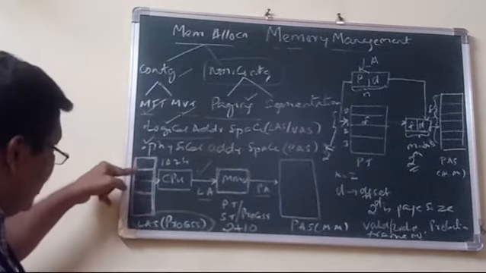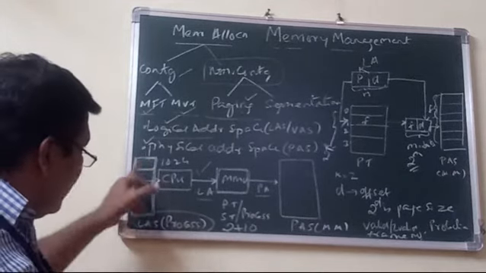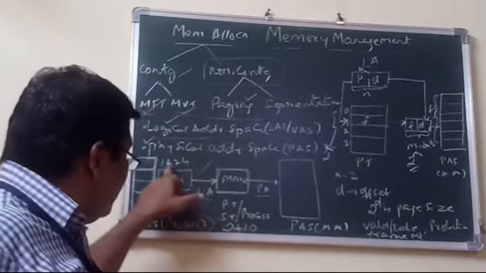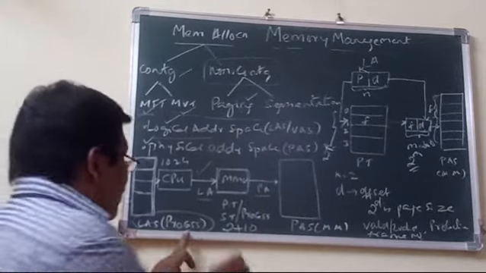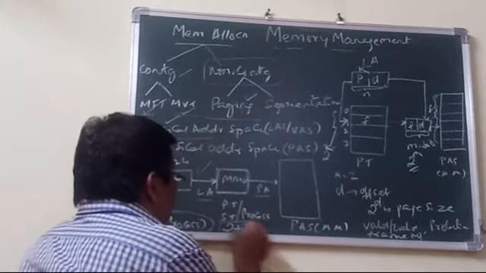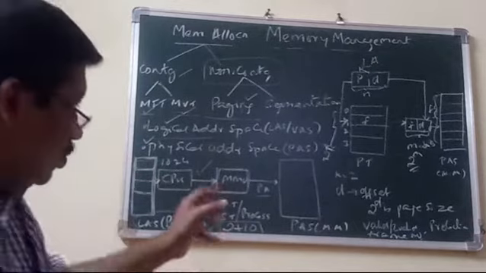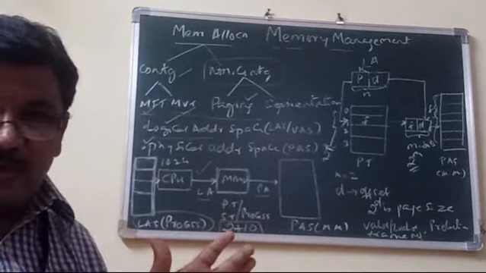So your logical address will be of size 2 plus 10, which is 12 bits.